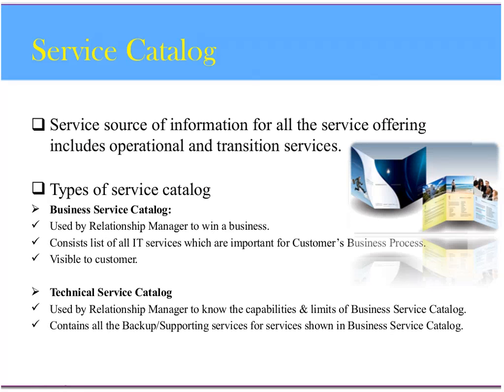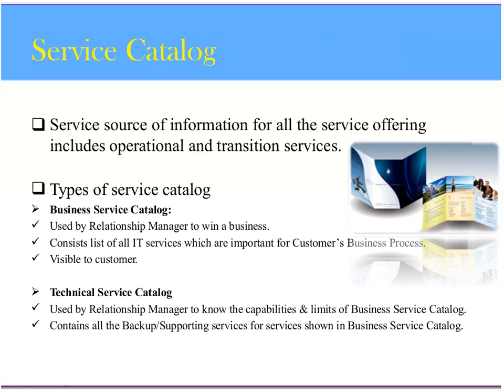Types of service catalog: business service catalog and technical service catalog. So first we're going to understand what a business service catalog is. Business service catalogs are used by the relationship manager to win a business, and consist of a list of all IT services which are important for the customer's business process, visible to the customer.